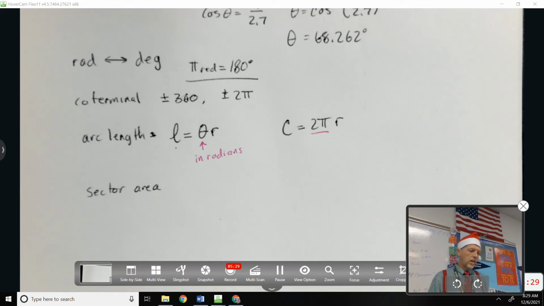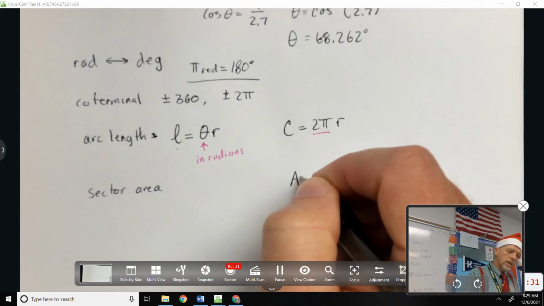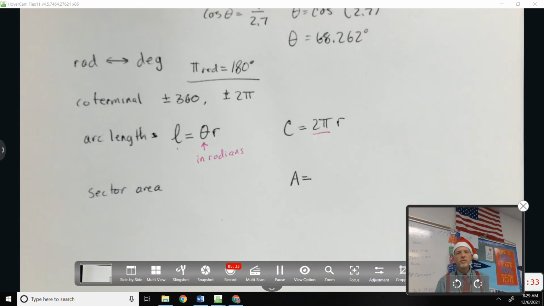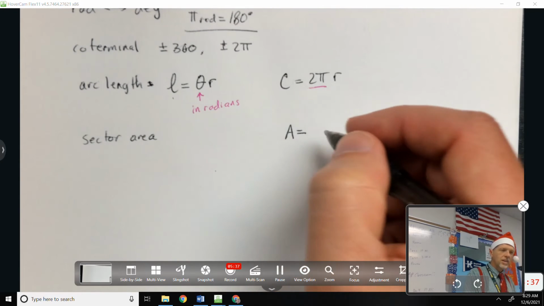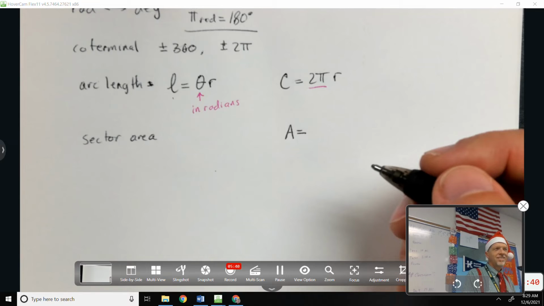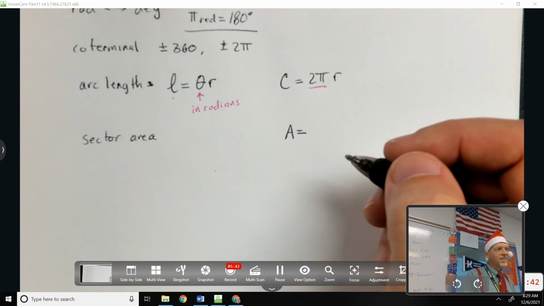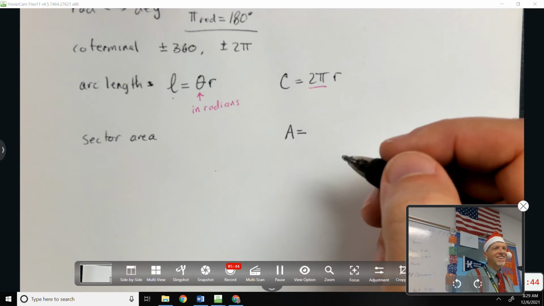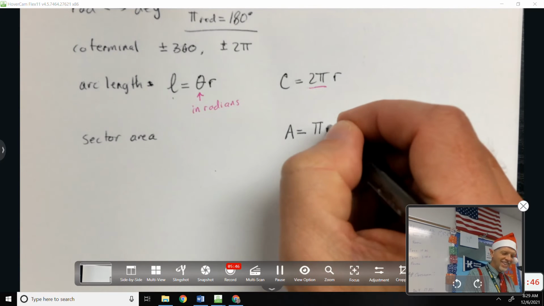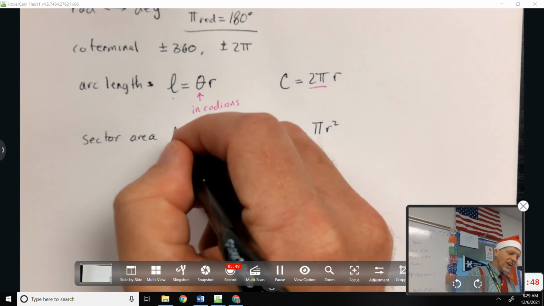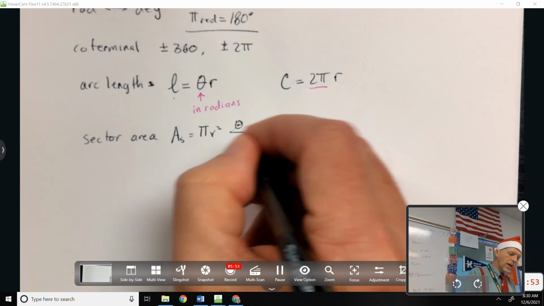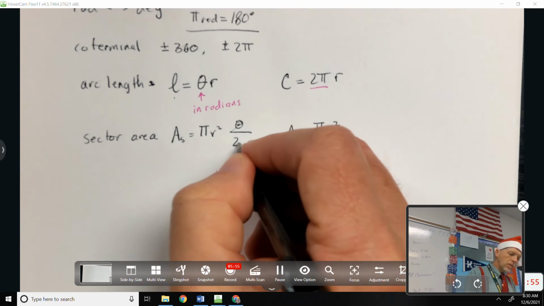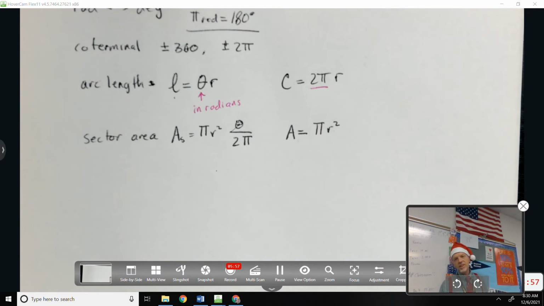Sector area. Again, I start with the full area because I know that formula. And you know that formula, right? Area of a circle? Not base times height. Pi r squared. So the area of a sector, I start with pi r squared, and then I multiply by theta over 360 or theta over 2 pi, depending on which angle I'm in.